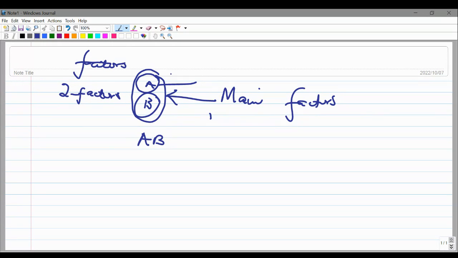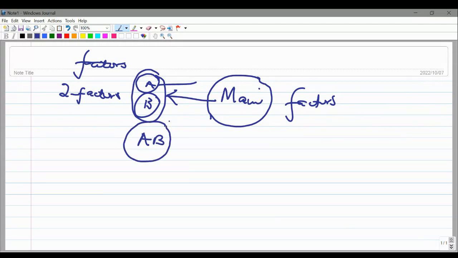What is happening under factor B is not influencing factor A. So that is why we call them the main factors. I can ask you, what do we mean by main factors? You must be able to explain that part.